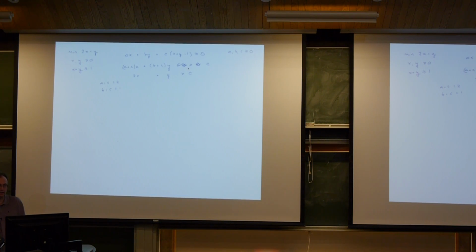And I want to get a bound on this. So how do I do that? Well, the only way to do it for all x and all y is to match coefficients, right? So I need to take the coefficient of x in this bound and match it to the coefficient of x in my objective, and take the coefficient of y in this bound and match it to the coefficient of y in my objective. And there's no other way to get a bound that's true for all x and y.